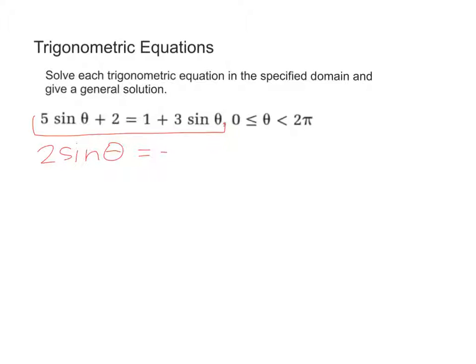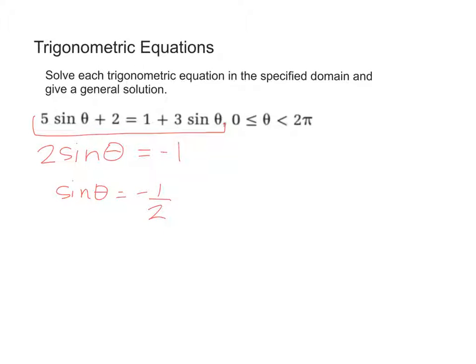So I'll have -1. So combine like terms and then isolate the trig function. I want to get the sine theta by itself. I need to divide both sides by 2, and I'll have sine theta equals -1/2.